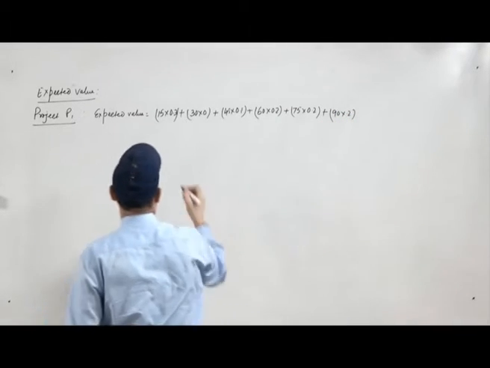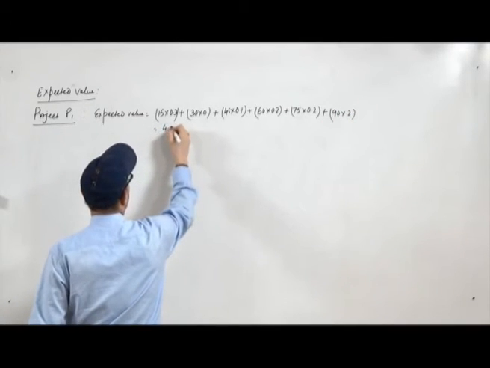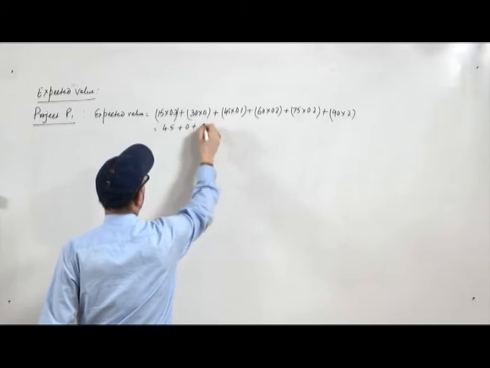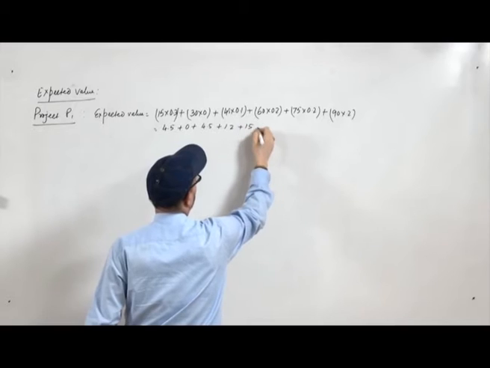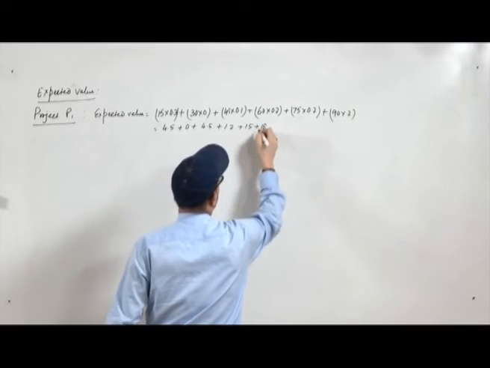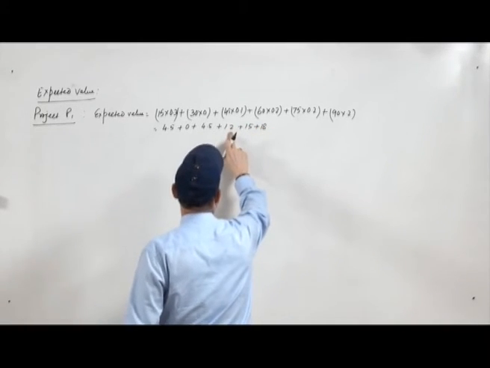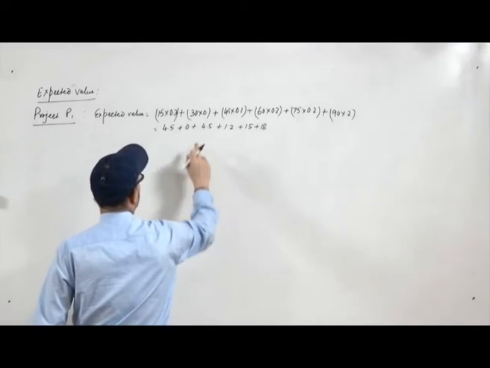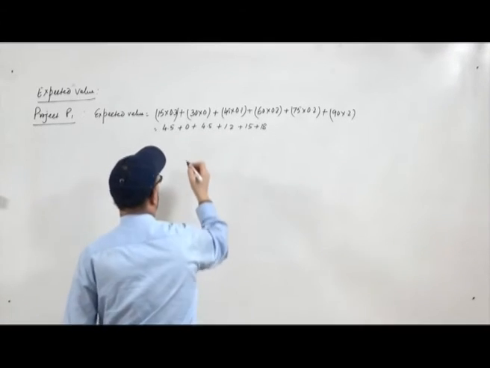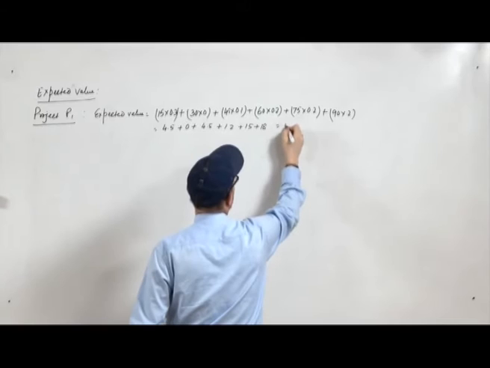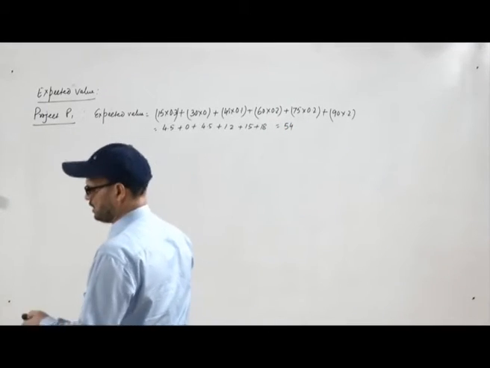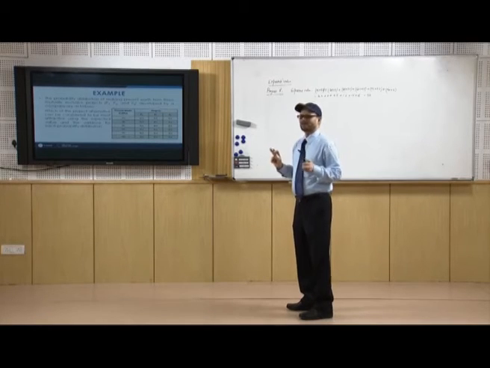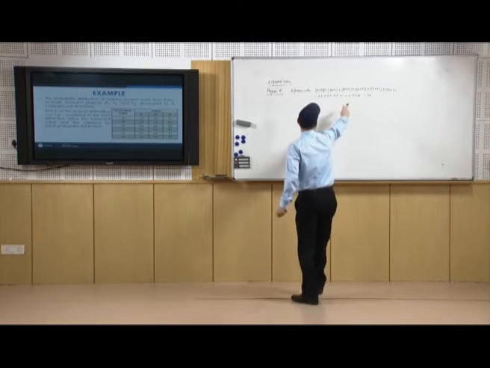So, this comes out to be 4.5 plus 0 plus 4.5 plus 12 plus 15 plus 18. So, 33 plus 45 and plus 9, so it is 54. So, we get the expected value of 54.